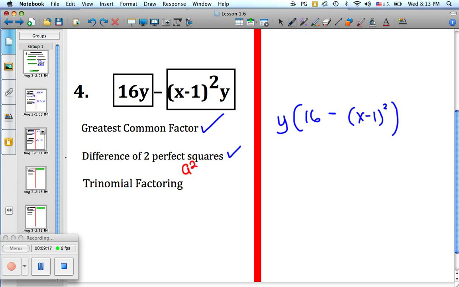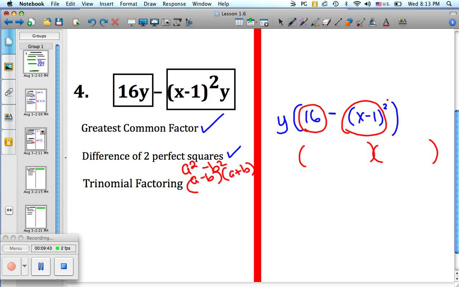Right here is a difference of two perfect squares. A squared minus b squared. Let's see. This is a perfect square. And this is a perfect square. See the square right there? And there's a minus sign in the middle. So this would factor down into a minus b, a plus b.